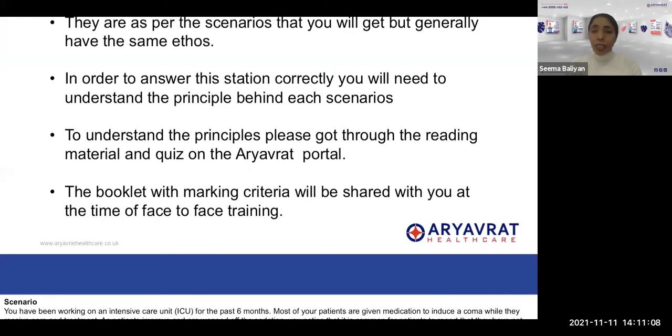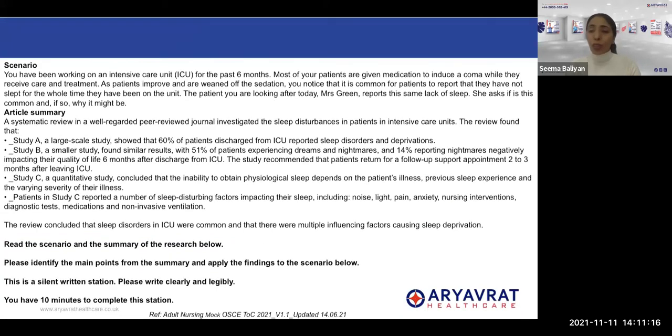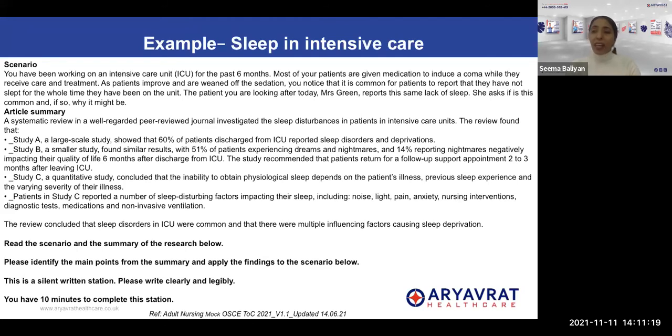Now, this seems to be a busy slide, but I wanted to take you through an example. And please do not get alarmed that the example is not from the 5 topics which are there. This is deliberate.